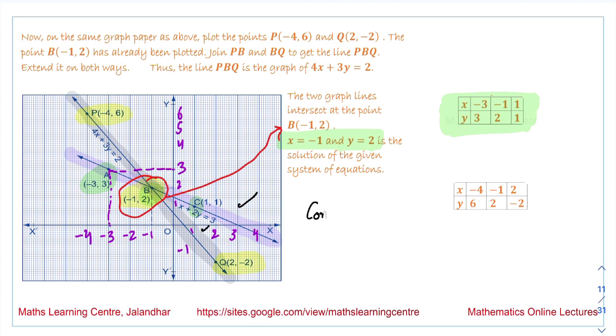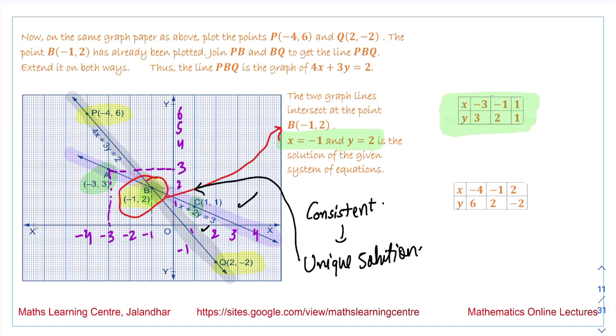So it means the system is consistent. It has a unique solution, and the solution is given by this point, that is x is equal to −1 and y is equal to 2.